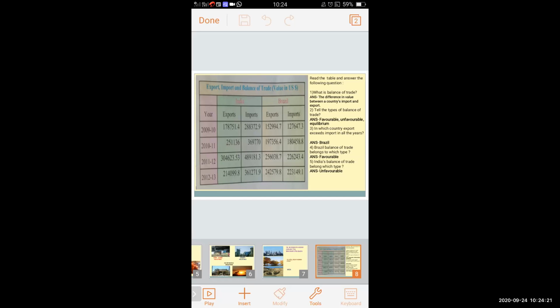In every year we have seen Brazil export more and import less. So Brazil's balance of trade is favorable and India's balance of trade is unfavorable, because India exports less and imports more. For every country, exportation of goods should be more so that there is an increase in trade, in the economy, and in the profit they get.